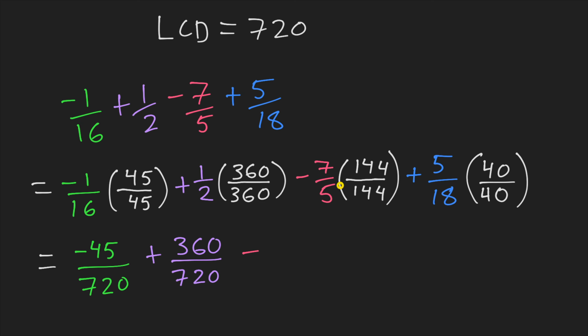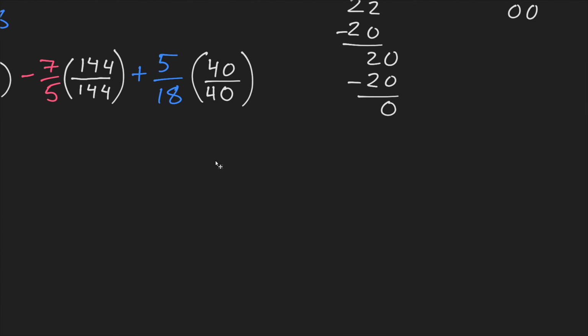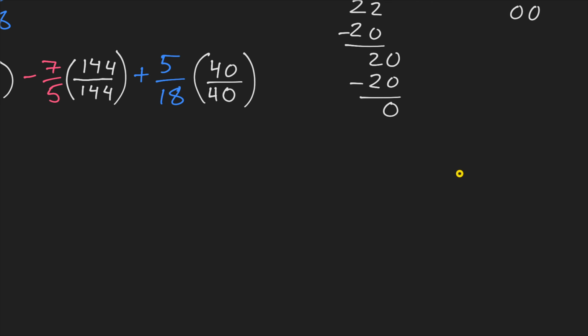Minus, well, 7 times 144. We might actually have to do this arithmetic somewhere. So let me go ahead and do this in this margin here. So what is 144 times 7? 7 times 4 is 28. 7 times 4 is 28 plus 2 is equal to 30. 7 times 1 is 7 plus 3 is equal to 10. So the answer of what is 144 times 7 is 1008.